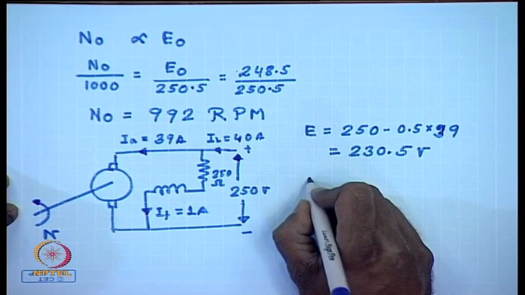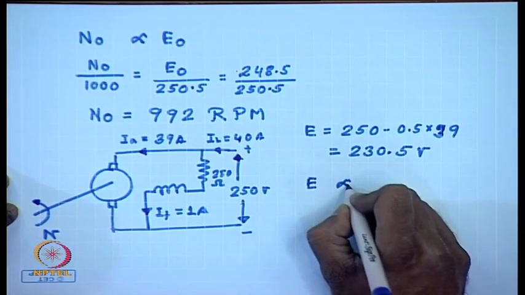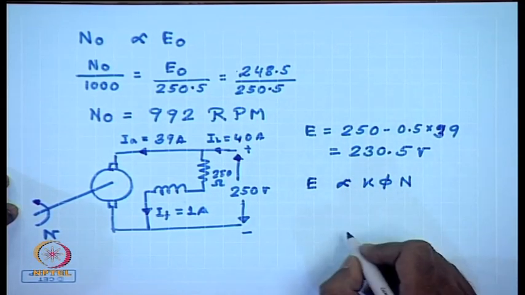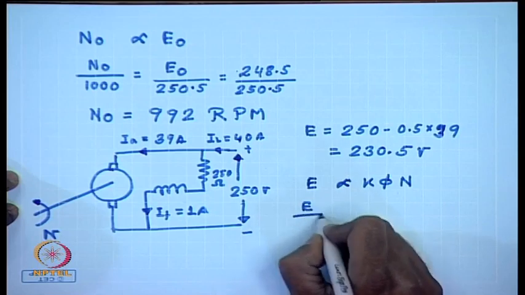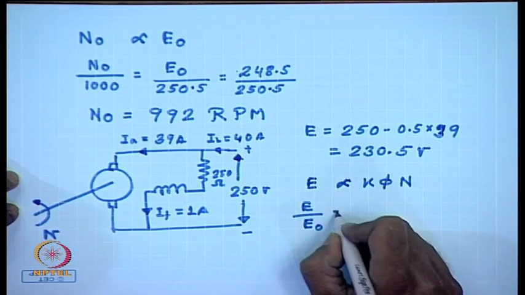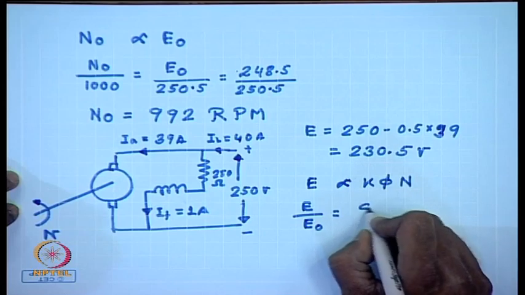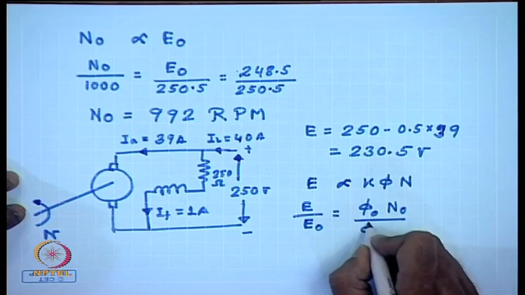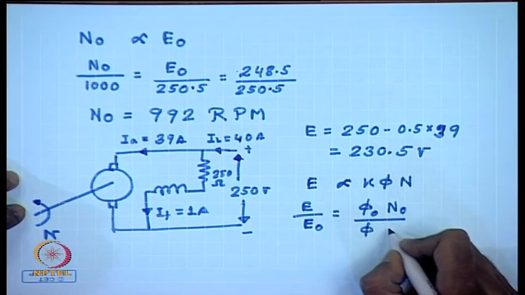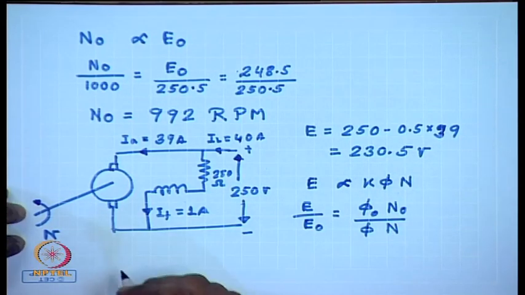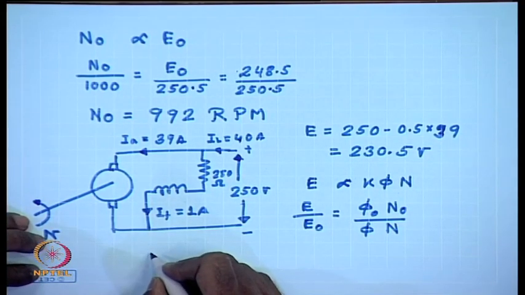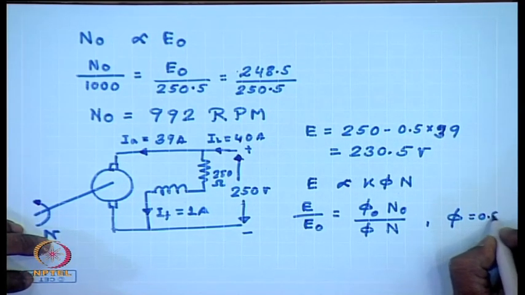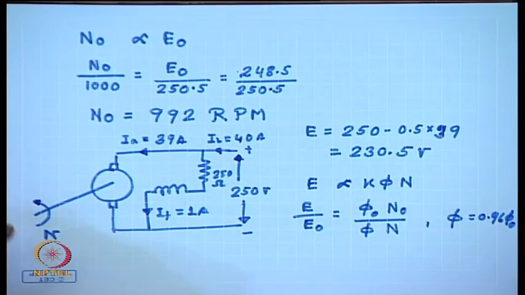Now, E by E0, E is proportional to k phi n. So, E by E0 equal to phi at no load, phi0, into n by phi at load condition into n0. Now, it is mentioned phi equal to 0.96 phi0 due to armature reaction.